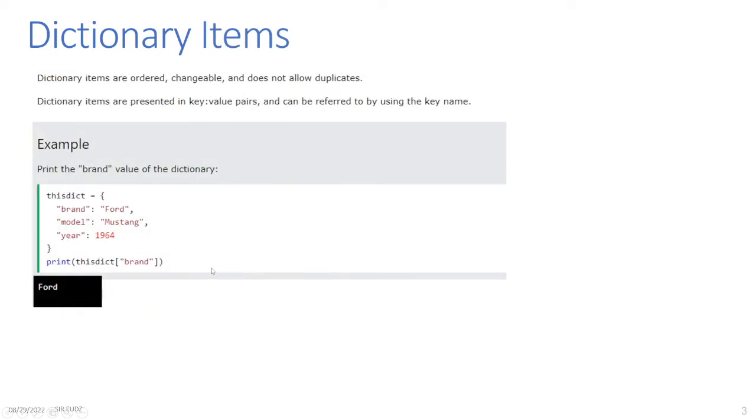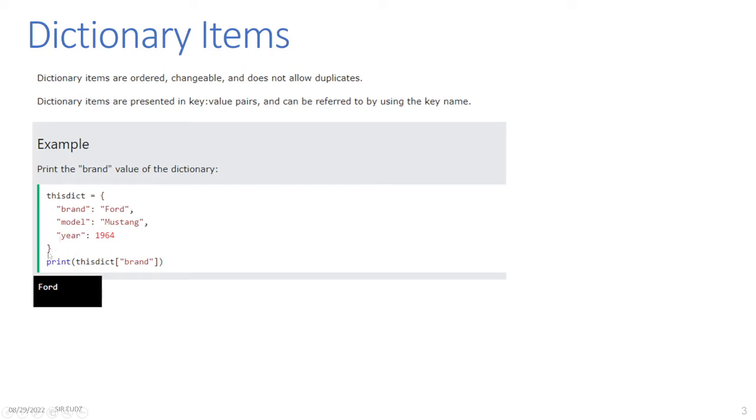Dictionary items. Dictionary items are ordered, changeable, and do not allow duplicates. Dictionary items are presented in key-colon-value pairs and can be referred to by using the key name. So, print the brand value of the dictionary. This dic is equal to brand Ford, model Mustang, year 1964, then we have closed curly brackets here.